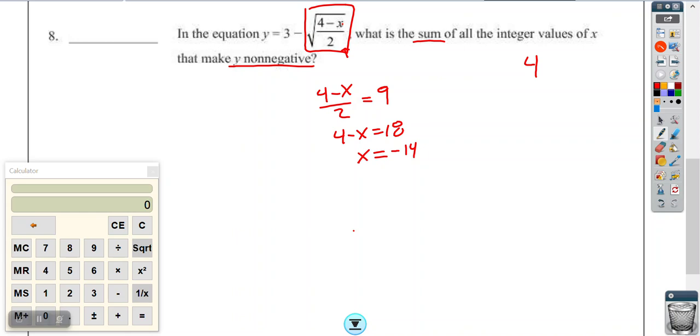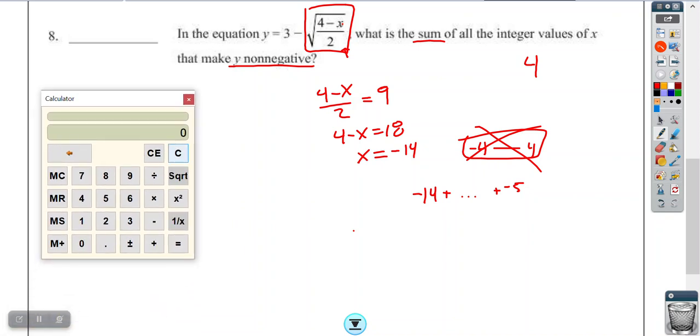Well, the first thing I realize is the numbers between negative 4 through 4, they will just cancel out and make 0. So I don't need to worry about them. But I do need to add the numbers negative 14 all the way to negative 5. And so I'll take the calculator and let's go for it.